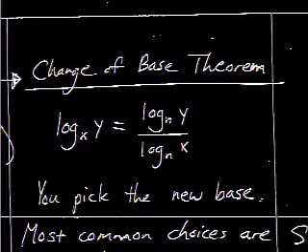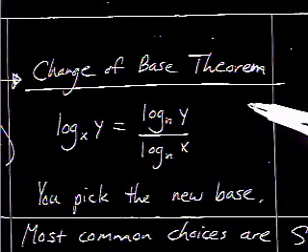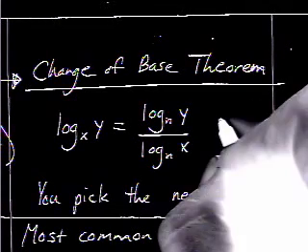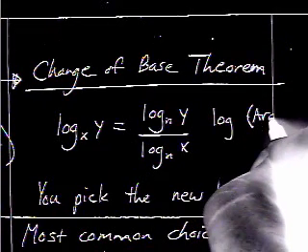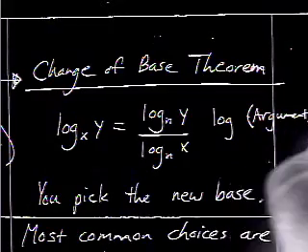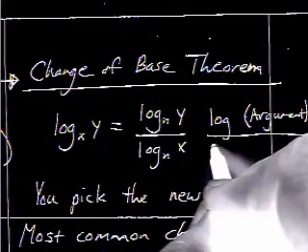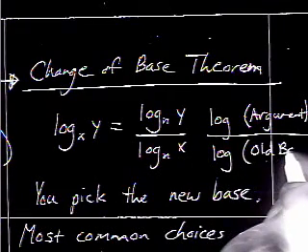Most of our logarithms are not base 10, so we have a way to change them to base 10, and that's this change of base theorem. The change of base theorem says that you can take the log of the argument over the log of the old base.